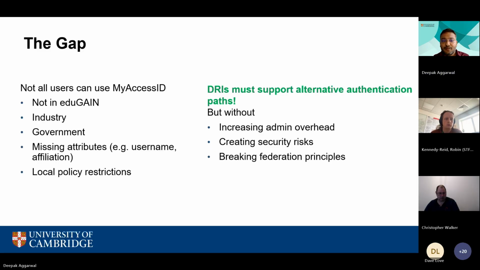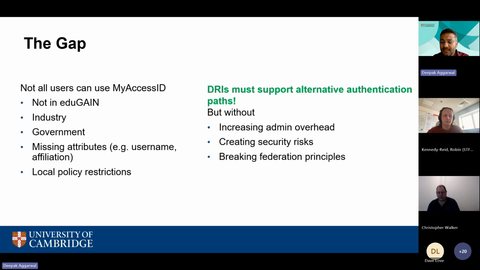Now, coming to the gap where the MyAccessID federation actually failed. MyAccessID assumed that all users belong to federated institutions, but in reality, that's not true. In our environment, we regularly onboard users coming from industry working on a joint project, government users who are not part of eduGAIN, some external collaborators from outside UK, and sometimes users from universities with incomplete or inconsistent attributes in eduGAIN.